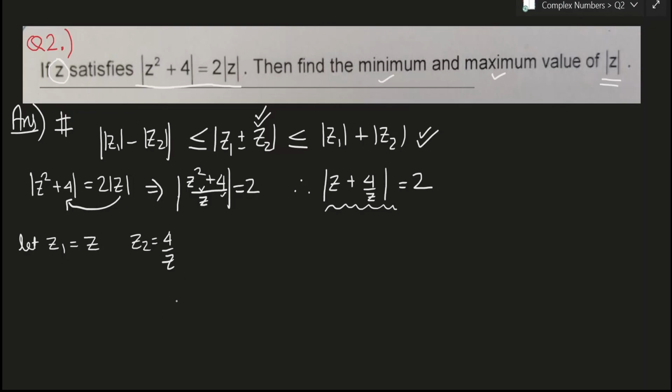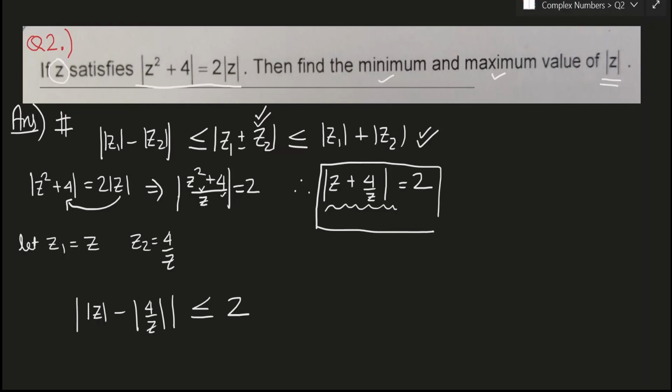So what I'm going to be left with is mod of z minus 4 by z is less than or equal to, and instead of mod of z1 plus 4 by z, I'm going to replace this with 2 because this is equal to 2 as in the given question, right?